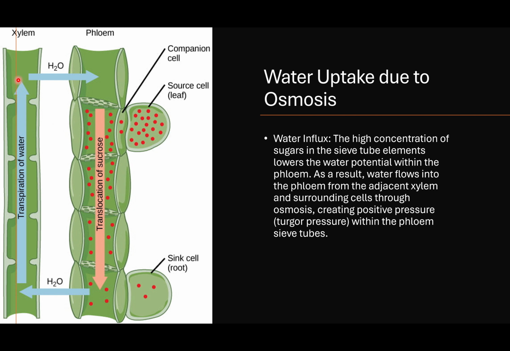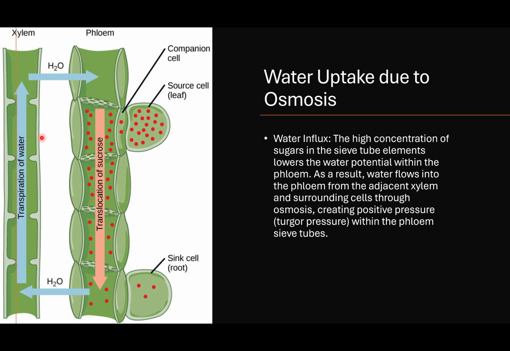Therefore, water would move from the higher water potential to the lower water potential, the high solute concentration over here. So because the water potential in the phloem, in the sieve elements, is so low, it causes water to move from the xylem to the phloem. So it drags water from the xylem to the phloem, right? And these are usually within source areas.